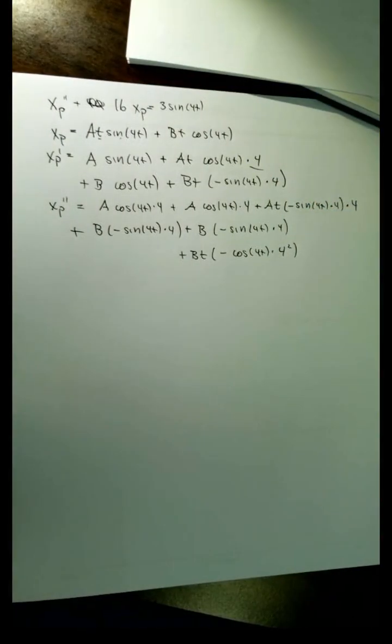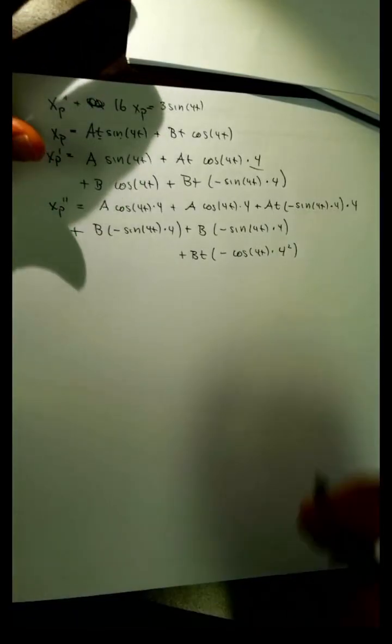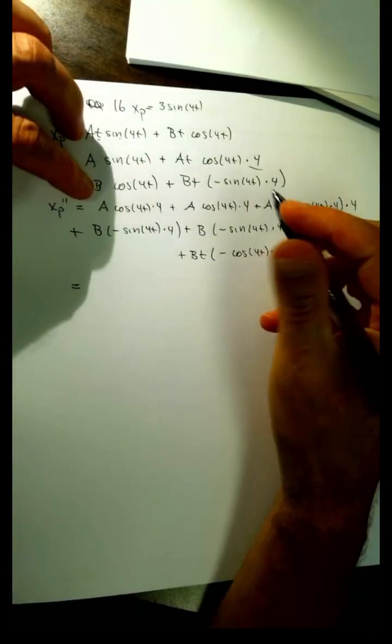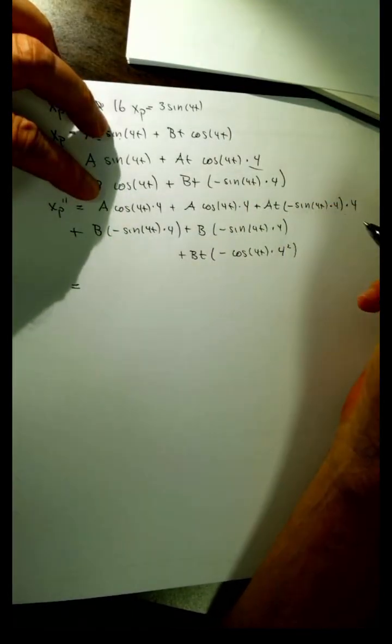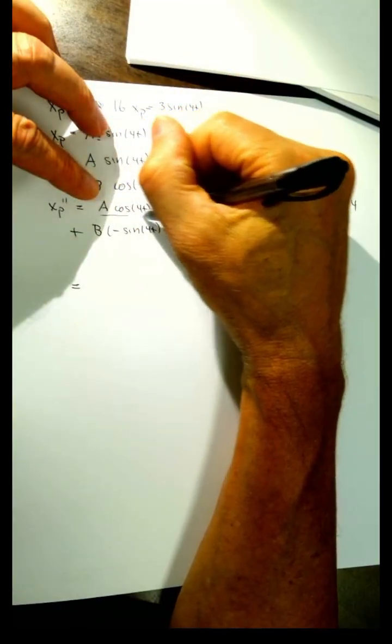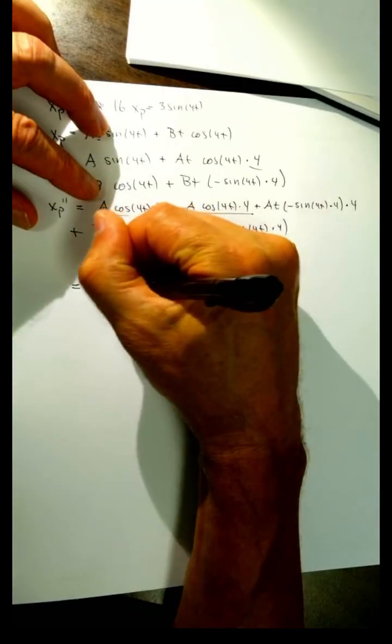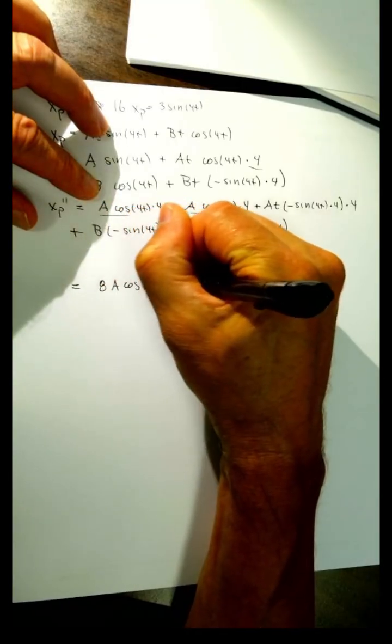Okay. Let me clean this up. And again, I can't emphasize enough, I'm doing this term by term, step by step. I'm not combining steps. I have 4a cosine 4t plus 4a cosine 4t is 8a cosine 4t.